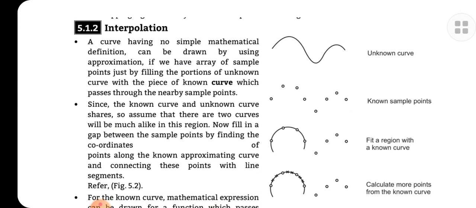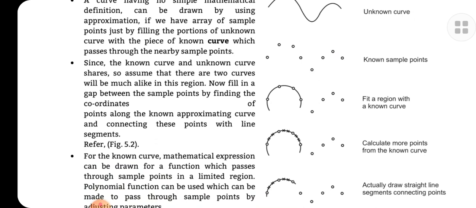A curve having no simple mathematical definition can be drawn by using approximations. If we have an array of sample points, we fill the portions of an unknown curve with pieces of a known curve which passes through the nearby sample points.